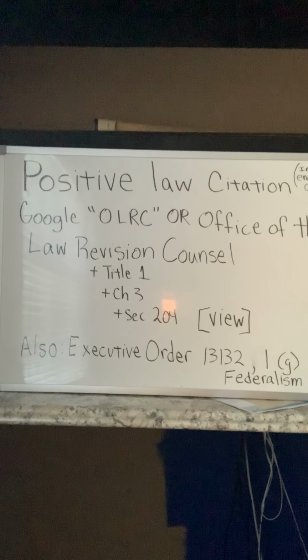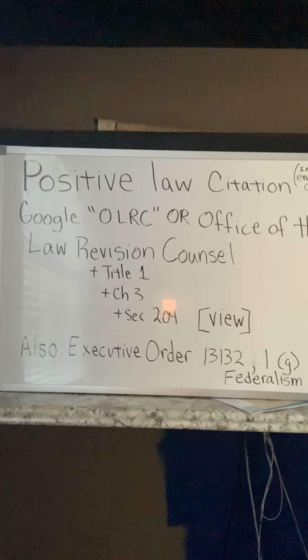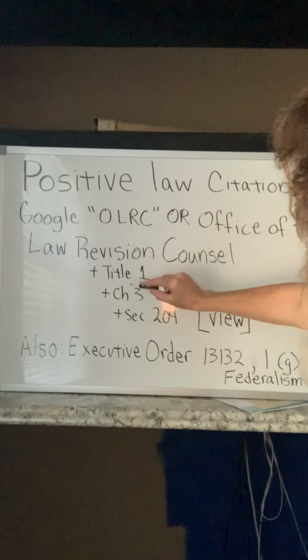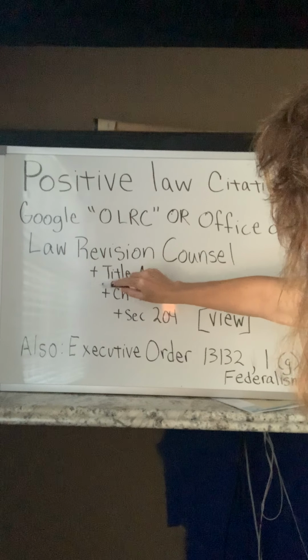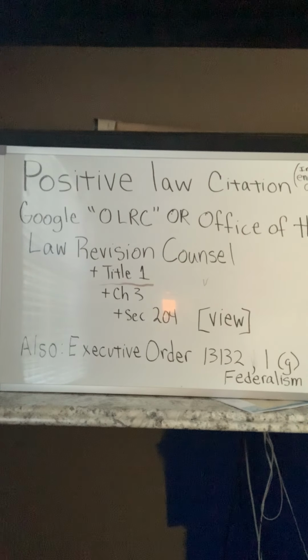And we can find an example of that just by clicking, I believe it's the front matter to Title 1. Positive law citation. If you click on front matter, you'll see Title 1, and just under Title 1 here, it says front matter, and you go over and you click View, and it'll bring up the positive law citation.